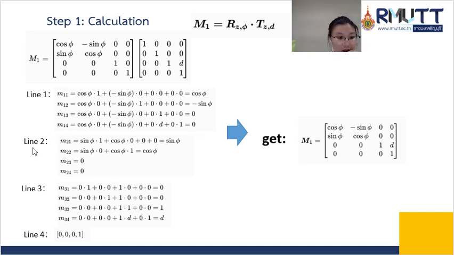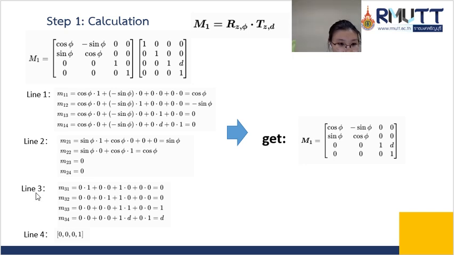And the second row, we can get the same way: sine phi, cosine phi, 0, 0.